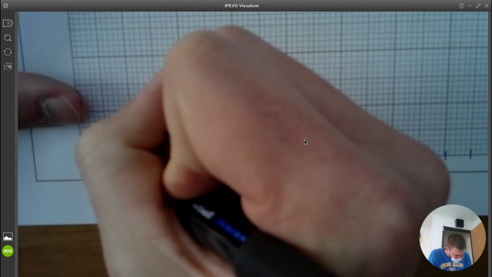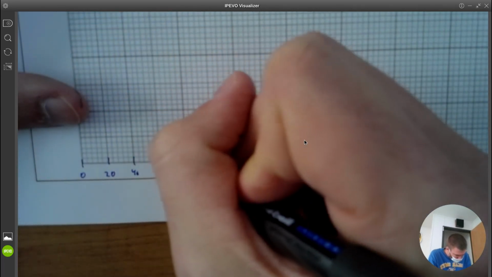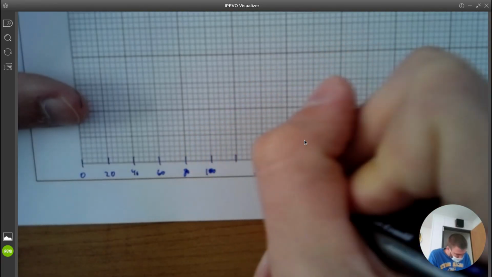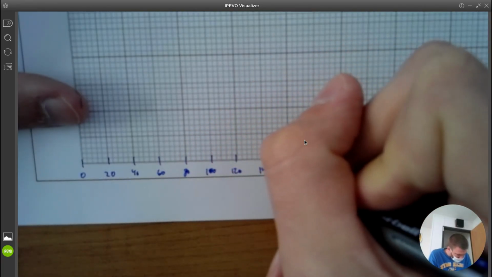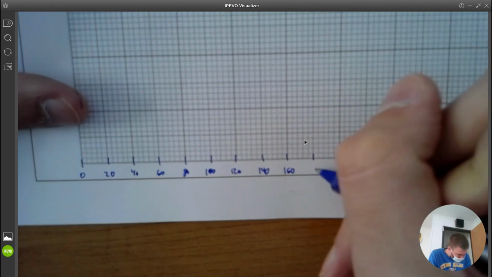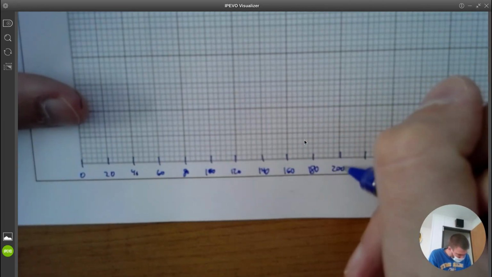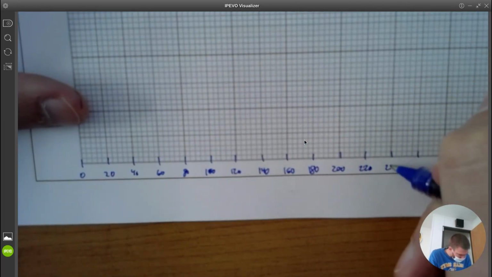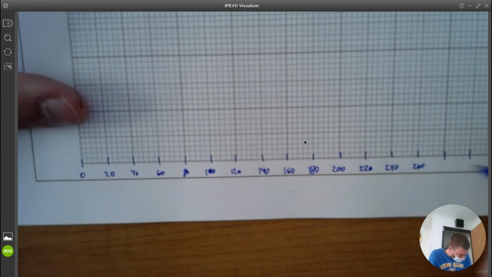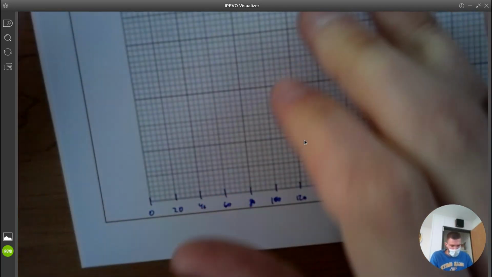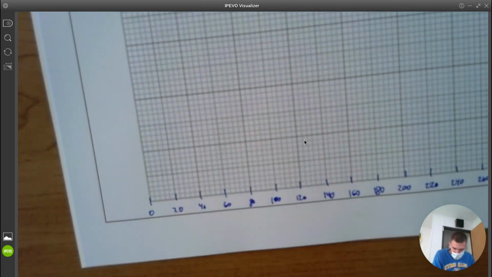Zero, 20, 40, 60, 80, 100, 120, 140. And from 1 to 10.